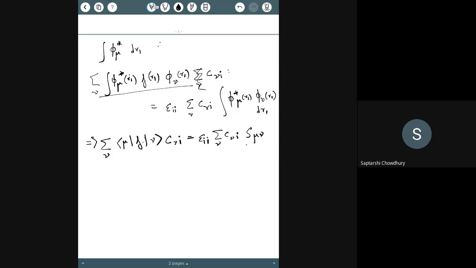But here you will see that this overlap S mu nu will play a very problematic role, because the atomic orbitals that you choose, you have various atoms in a molecule, and you want the basis sets to be atom specific. So it is not possible to ensure that some function of one atom and another function of another atom are orthogonal.